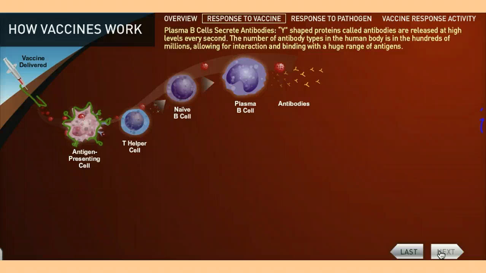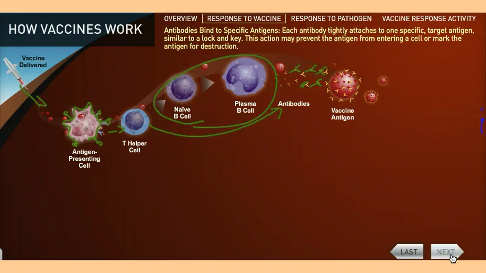Now for our class, I really don't want you to worry about this phase. I just want you to know that once the antigen is detected by the helper cell, it releases antibodies. Now these antibodies have a specific shape. Alright, so let's see what happens next.